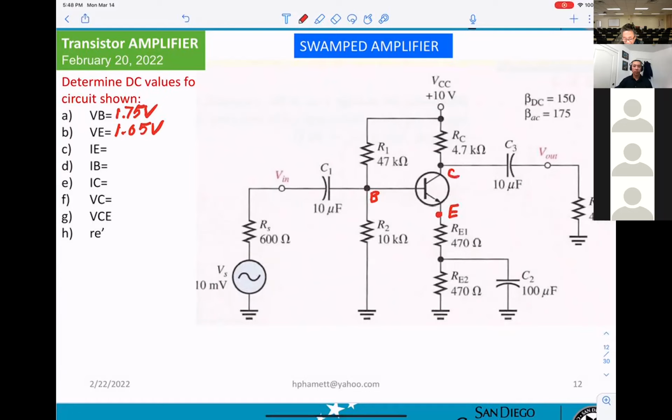Right. Okay, so when you're figuring out VE, RE has to be combined. In other words, 470 plus 470, and then you can get the current going through there. Exactly. Okay, thank you.